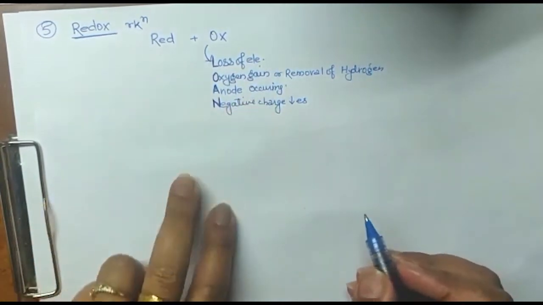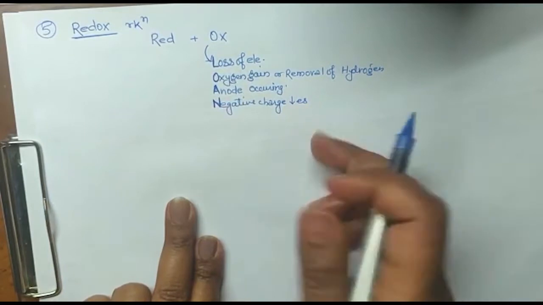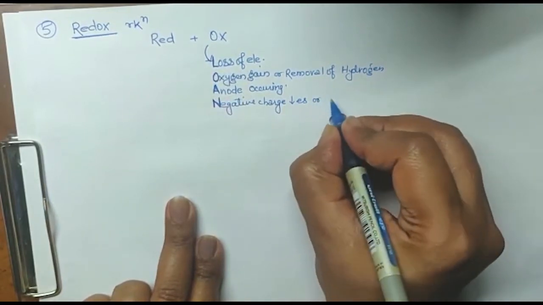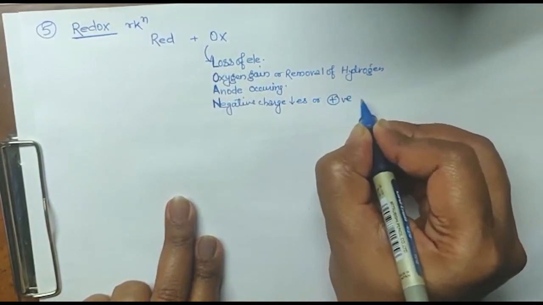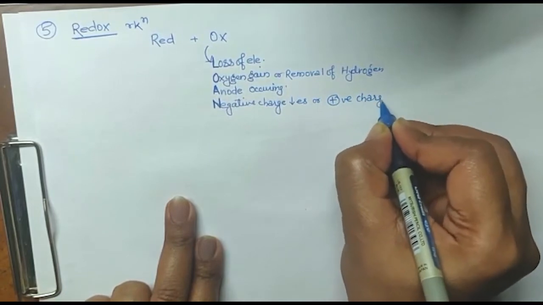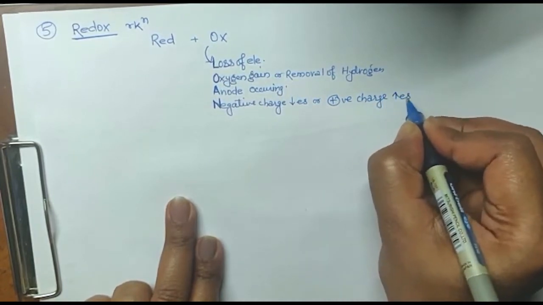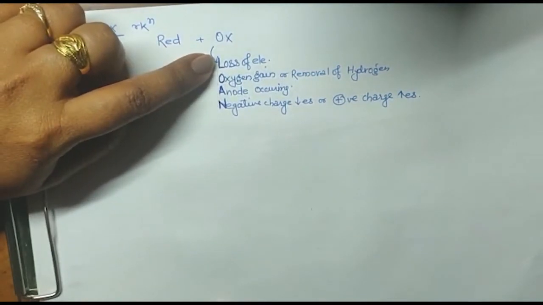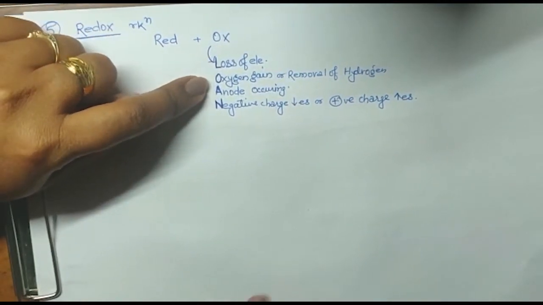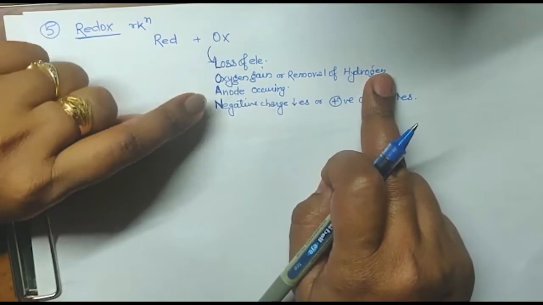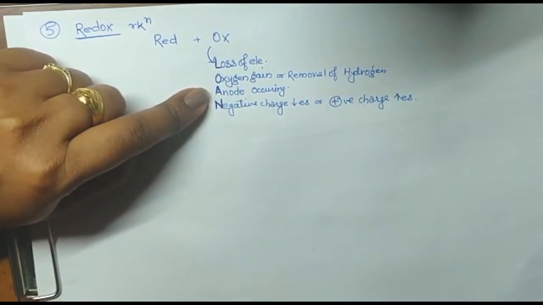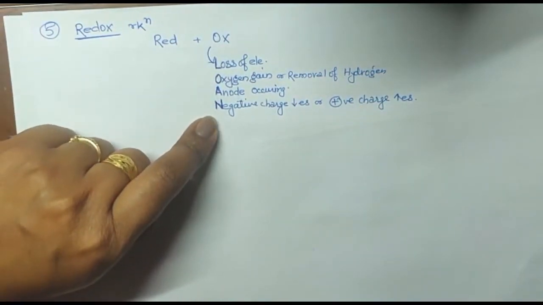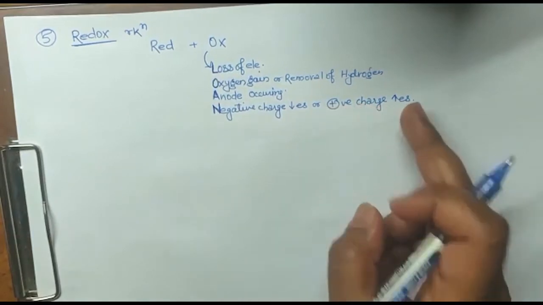Third is anode occurring, and fourth is negative charge decreases, or you can write positive charge increases. So actually there are 6 ways to define oxidation. Got it? One is loss of electron, second is oxygen gain, third is removal of hydrogen, fourth is the reaction which occurs at anode, fifth is negative charge decreases, and sixth is positive charge increases.